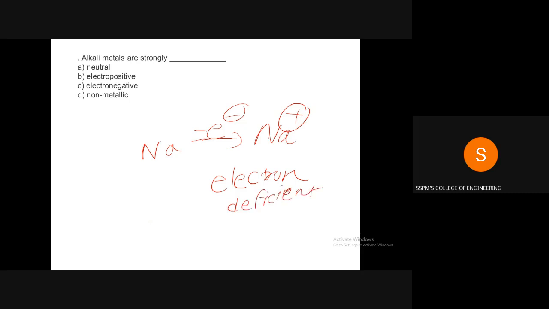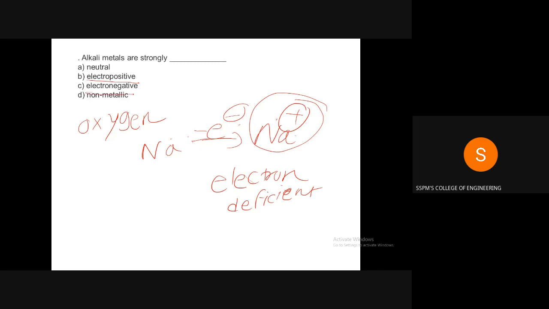Electron deficient means it has the characteristic to attract electrons towards itself. How is it formed? When sodium loses the electron. So it is a highly electropositive element. Highly electronegative is oxygen.